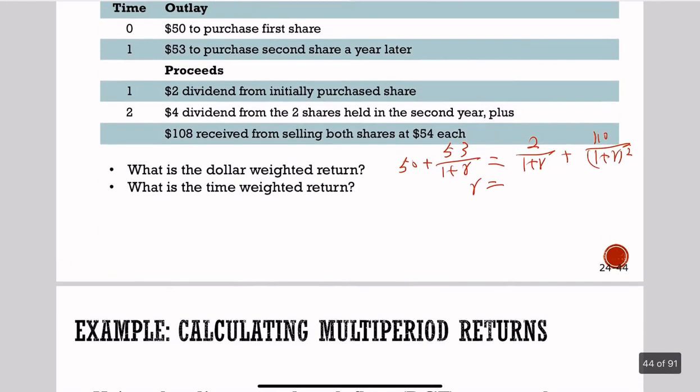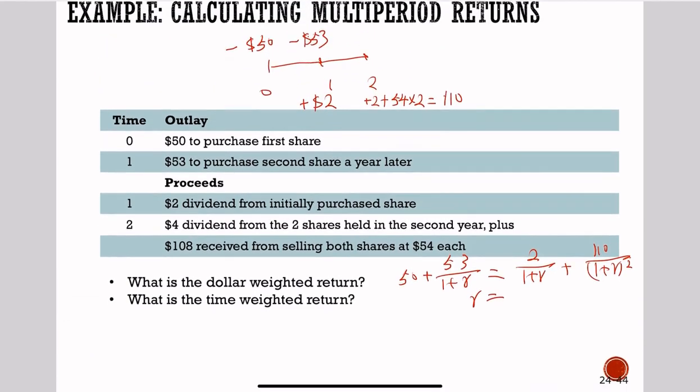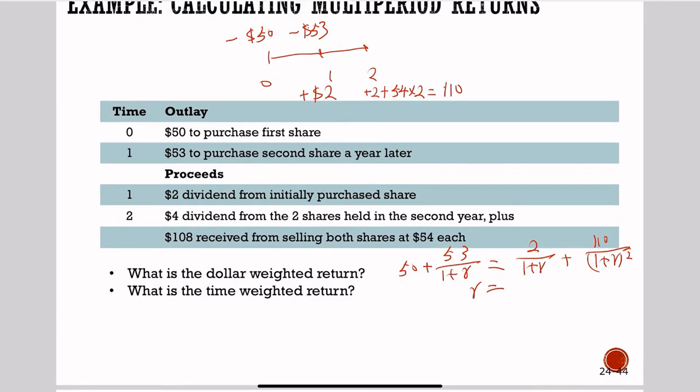Now, what is the time-weighted return? Well, it's time-weighted, which means you will separately calculate the returns in period 1 and period 2, and then you will calculate its geometric average, right? So let's say the period 1 return is given by R1, and this is given by R2. So what is R1 here?